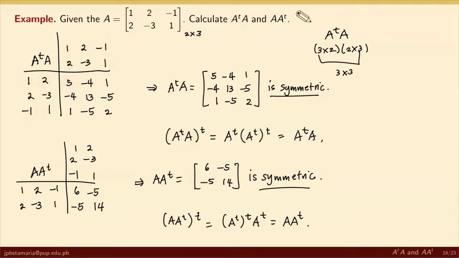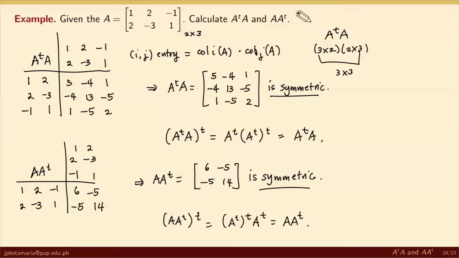So yung ij entry nito is the dot product of column I of A and column J of A. Notice?